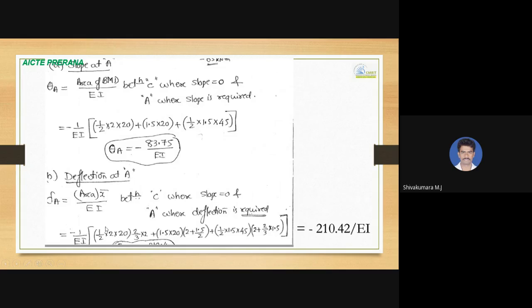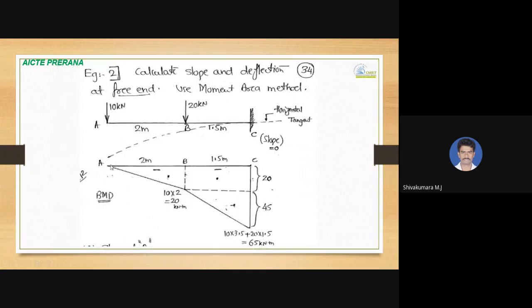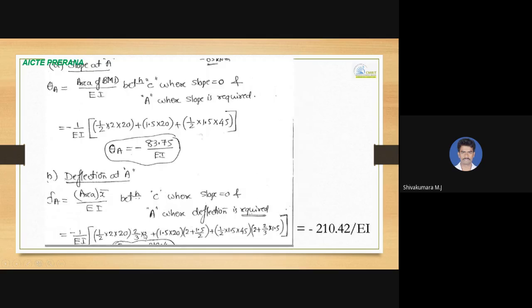The same things will be there, but each area will be multiplied with the centroidal distance from A. So the centroidal distance from A is two-third of 2 meter for this triangle, for this rectangle 2 plus 1.5 by 2, and for this triangle 2 plus two-third of 1.5. To substitute, you will be getting minus 210.42 divided by EI as the deflection at A.